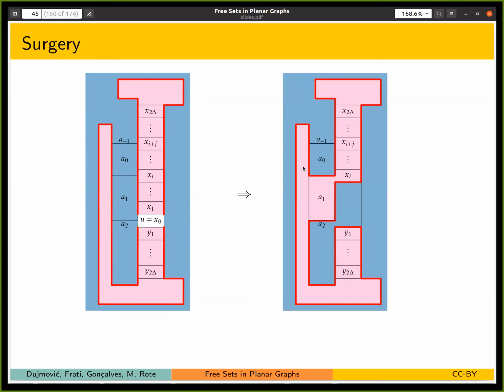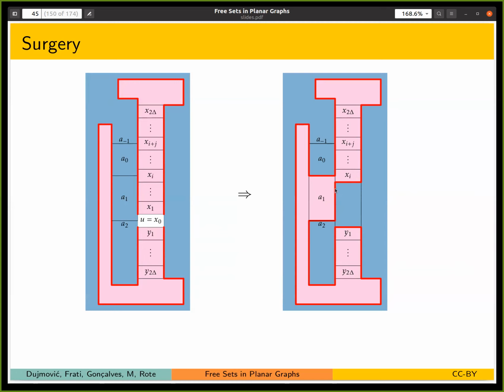So you do a little surgery on the cycle, which you can think of as changing the colors of the nodes in this tree. So there was this node A1, which was part of the outer tree, and this node U, which was part of the inner tree. So you can imagine the inner tree is pink, the outer tree is blue. I change the color of A1 to pink, the color of these other nodes that are appropriately chosen to blue.